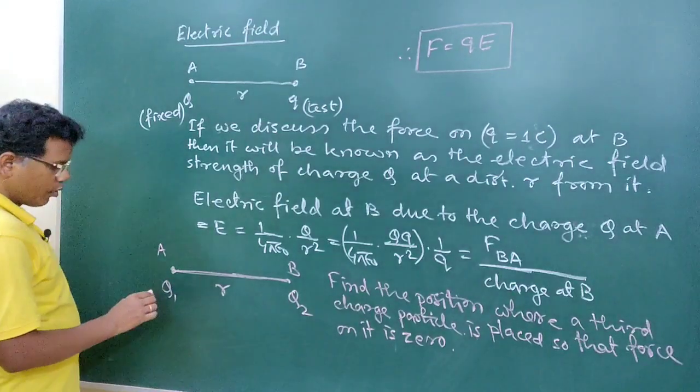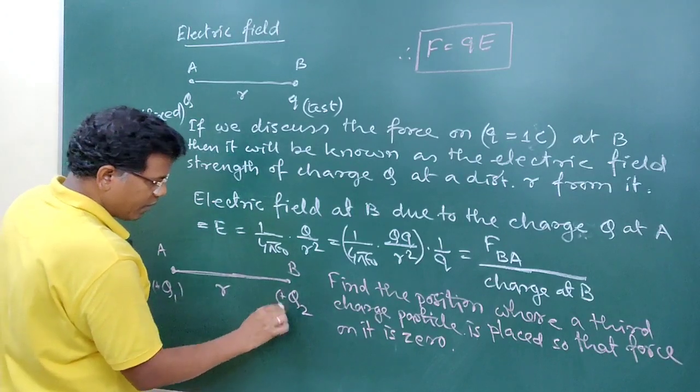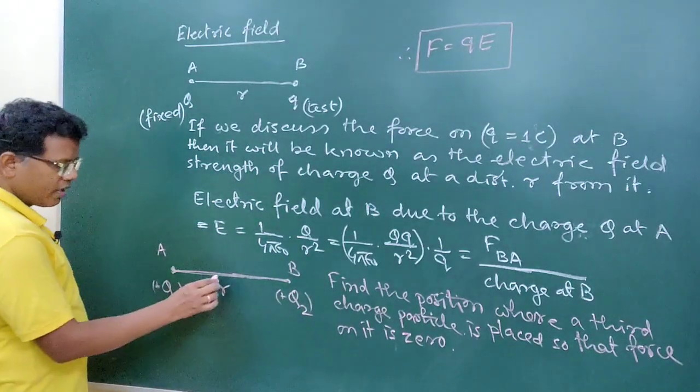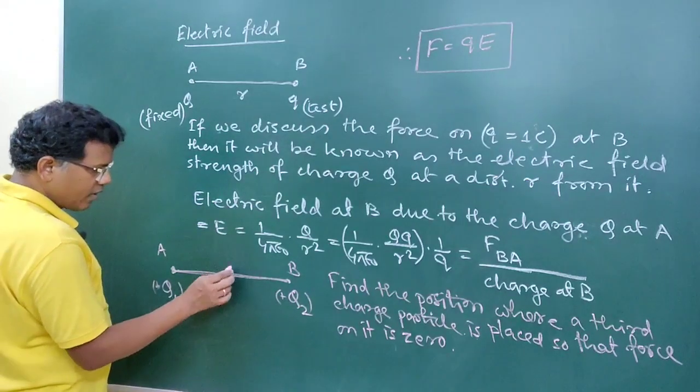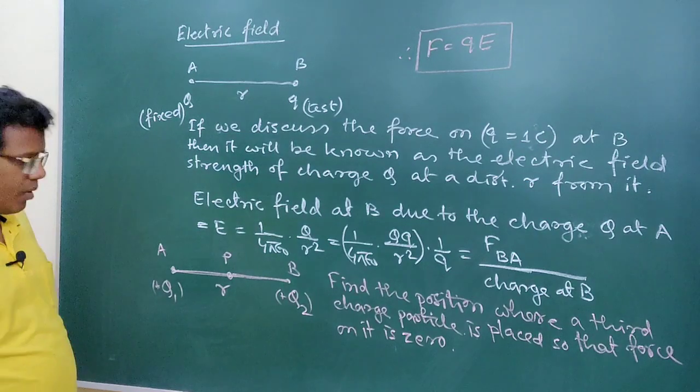Both given charges are positive in nature, though different in magnitude. So the zero electric field can be somewhere on their line joining only.